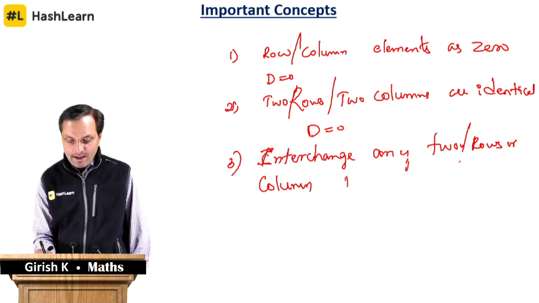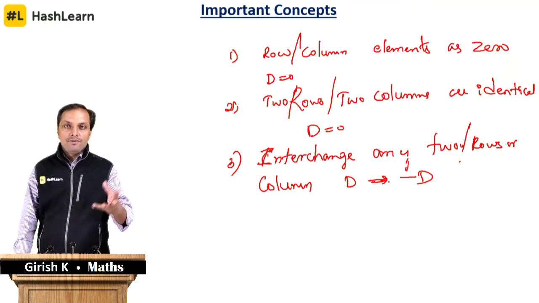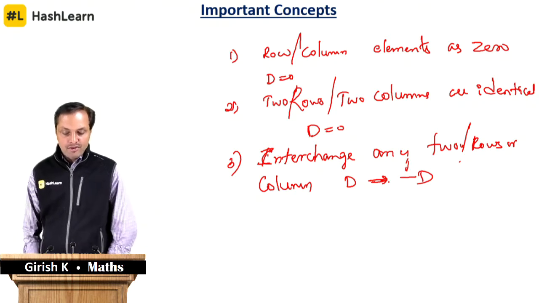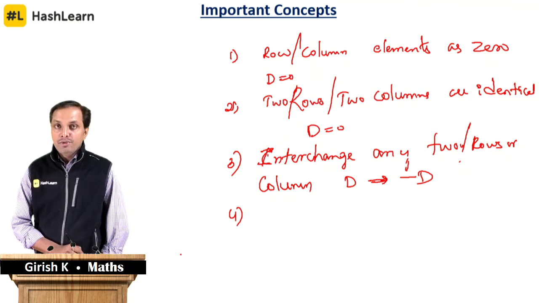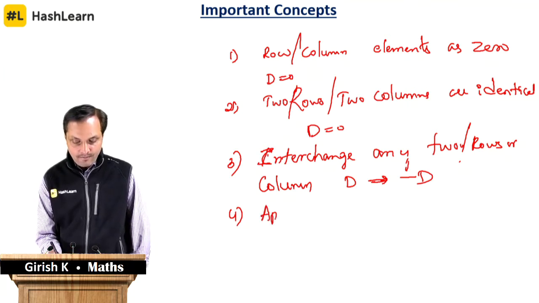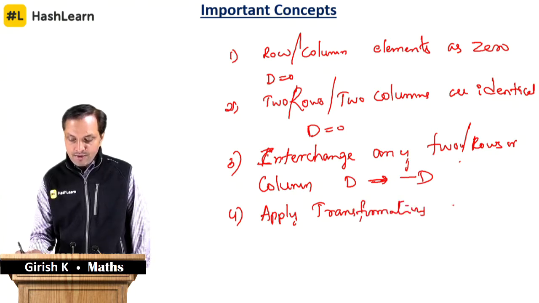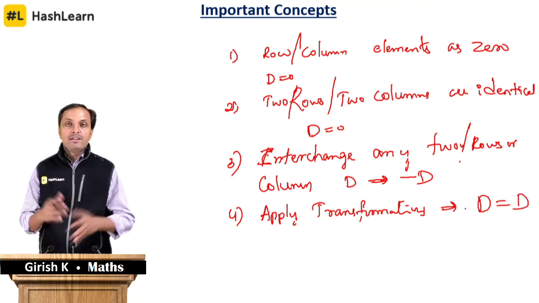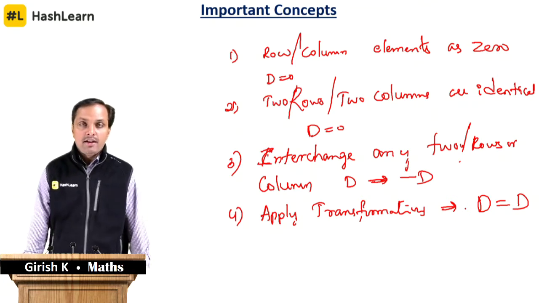The value of D will transform to minus D. If the value of the determinant is 3, it will change to minus 3. That was property number 3. And property number 4: when you apply the transformations, D remains as D. The value of the determinant remains the same when you apply the transformations.